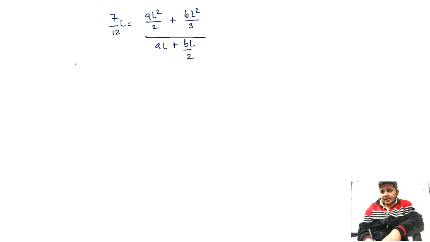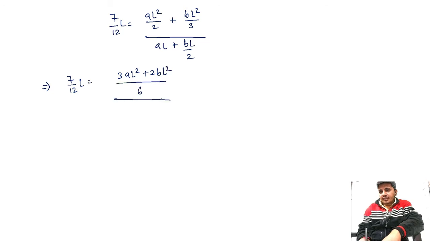Taking LCM in the numerator, that is 3aL square plus 2bL square divided by 6, and this divided by 2aL plus bL by 2.